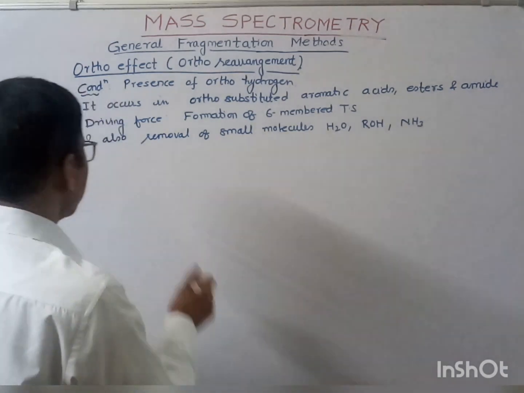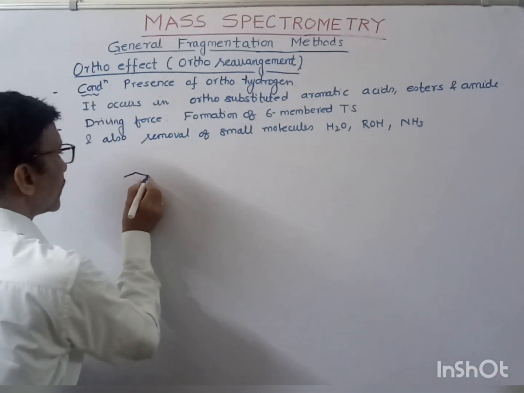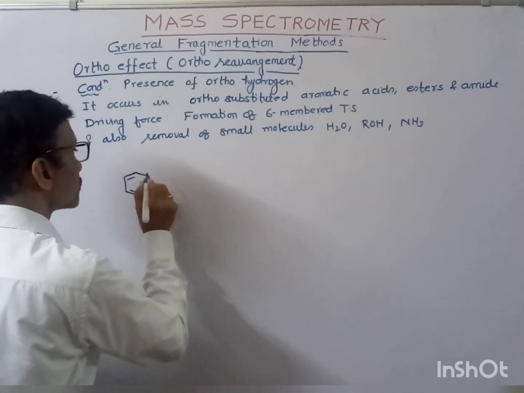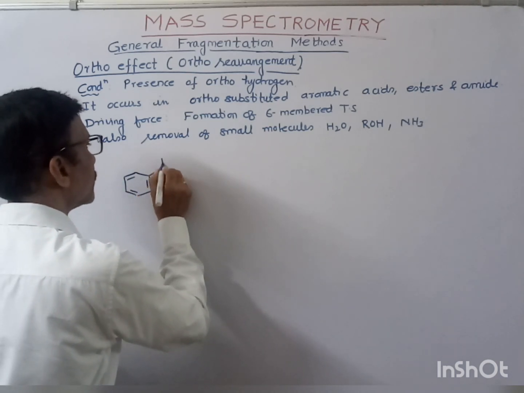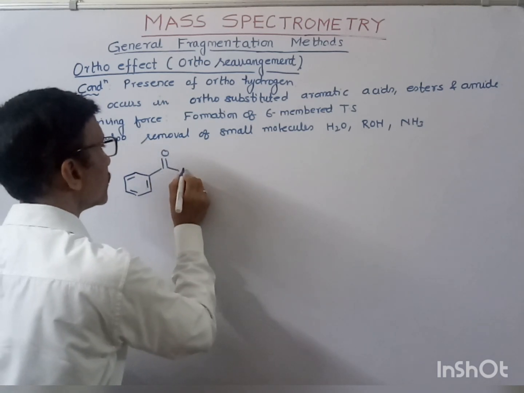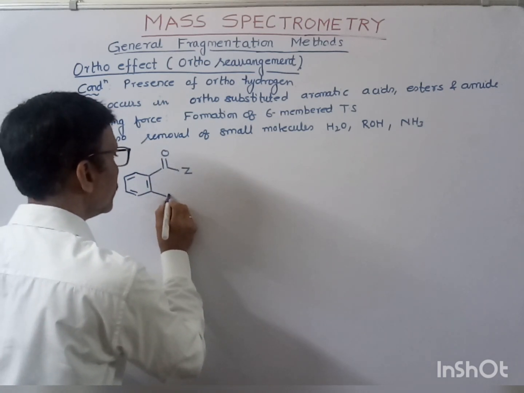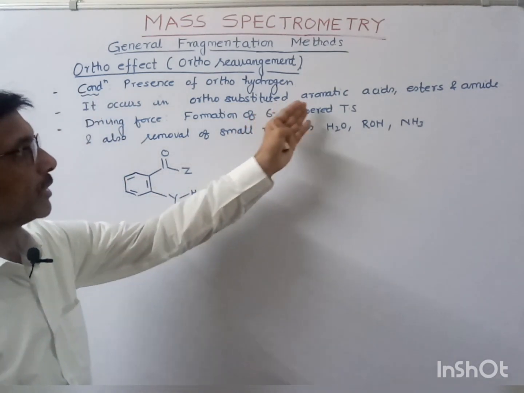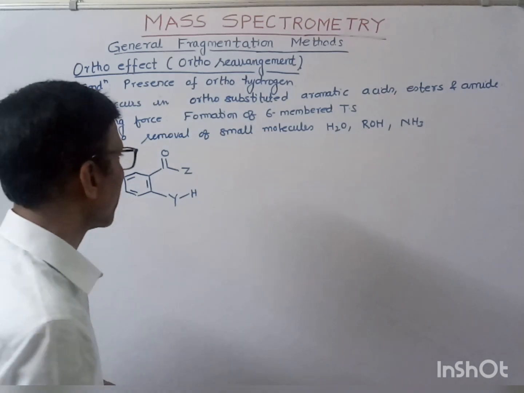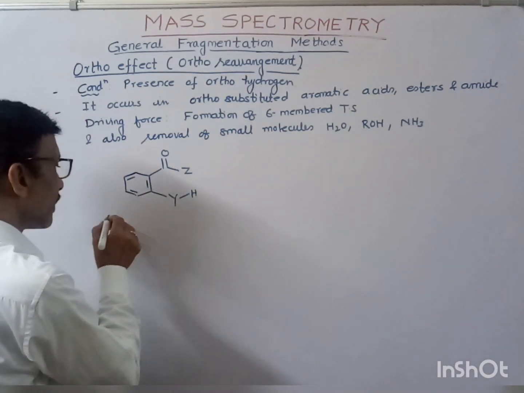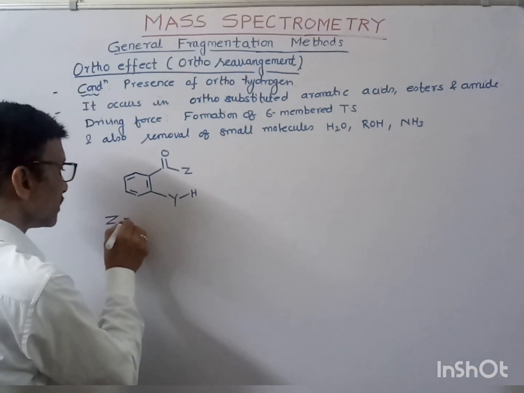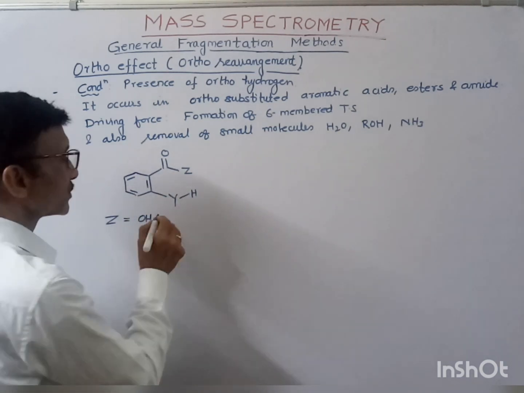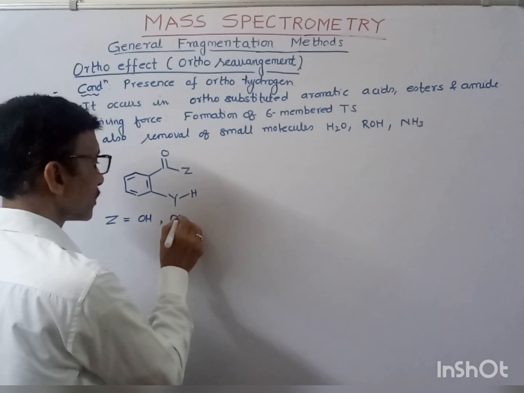Now, for example, if we take the general reaction, we may have an ortho substituted aromatic acid, ester, or amide. Here, if we have an acid, then this Z is equal to OH. If we have an ester, then it may be OR.